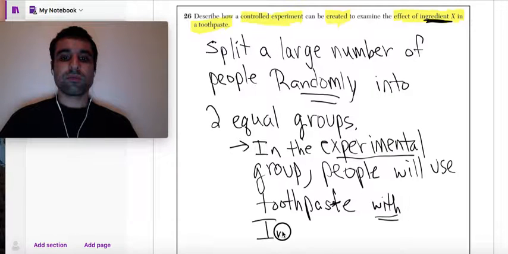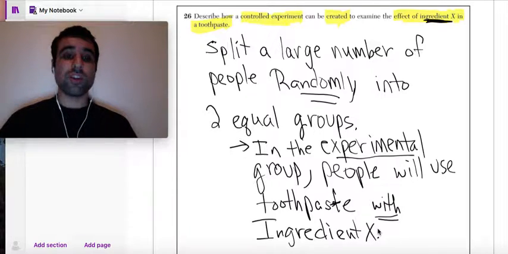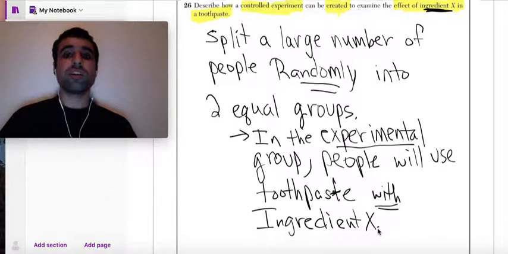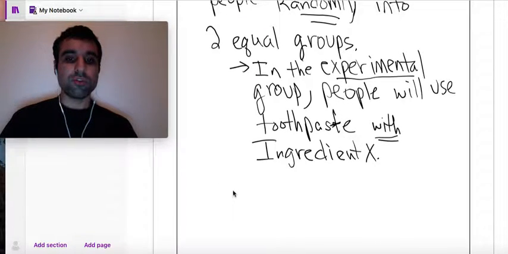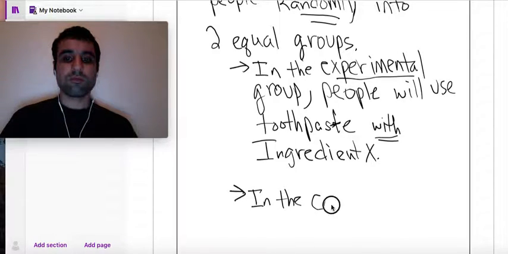The next group is called the control group. That's our comparison group that we want to compare with to see if there was a difference between using ingredient X and not. So the other group is known as the control group. People are going to use toothpaste without ingredient X. And there should be the same number of people in each group.